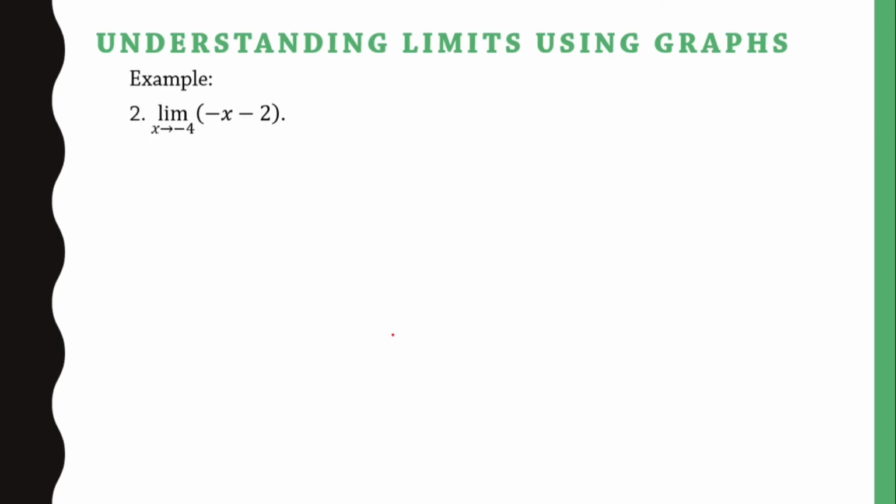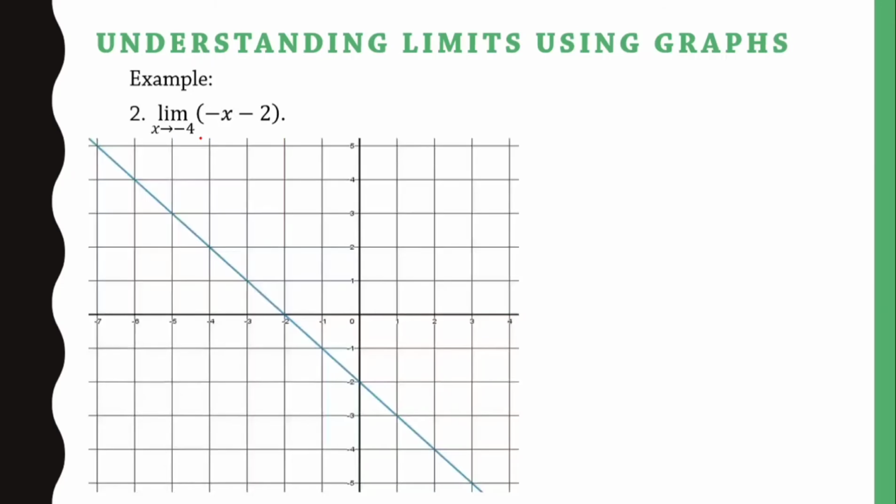Let's have another example. Now, let's find the limit of negative x minus 2 as x approaches negative 4. We're still using the same graph because this is still the same function. Again, x will approach negative 4, so we look for negative 4 on the x-axis.